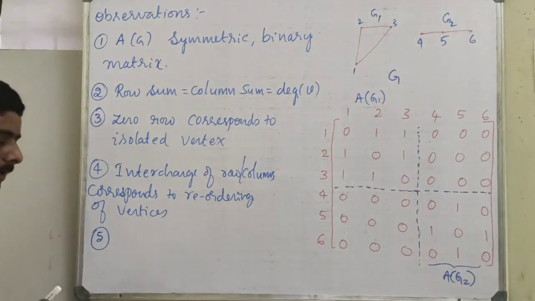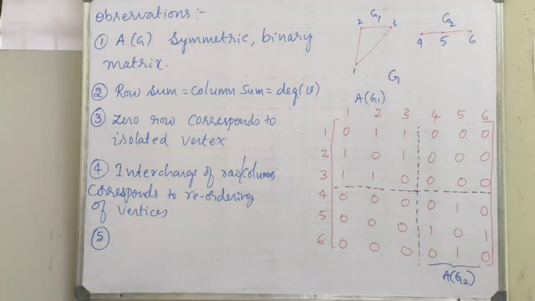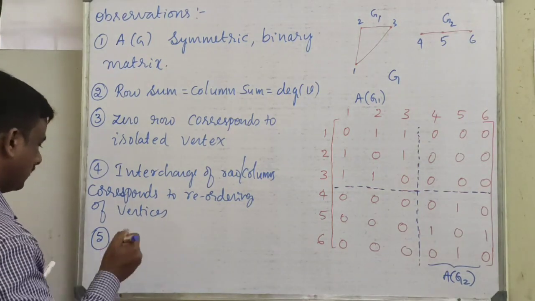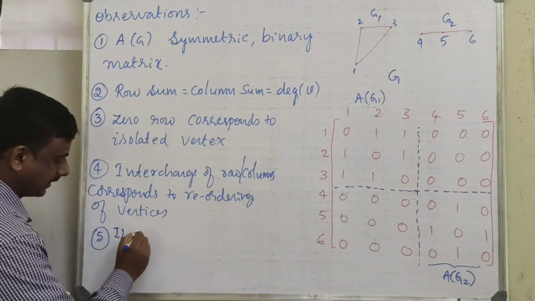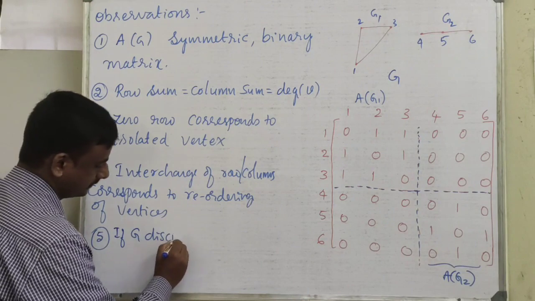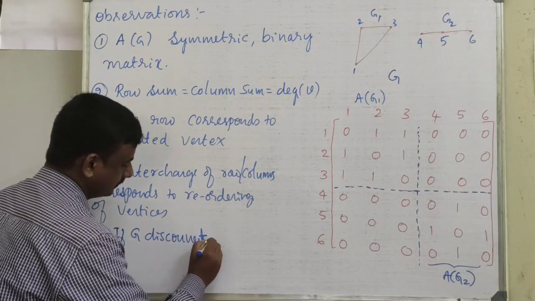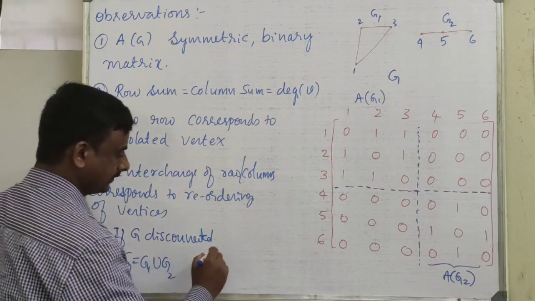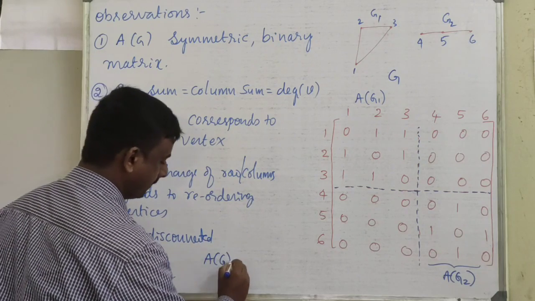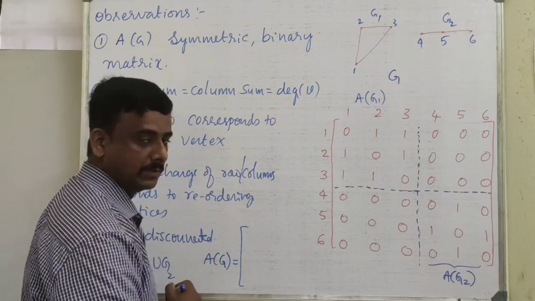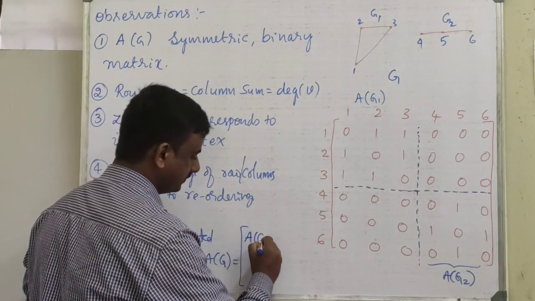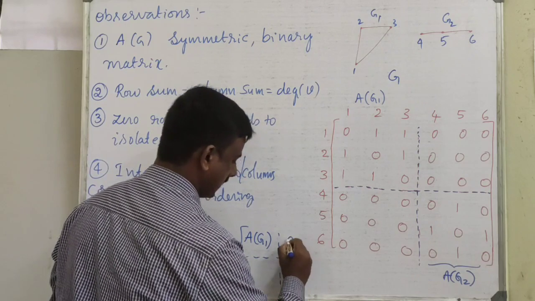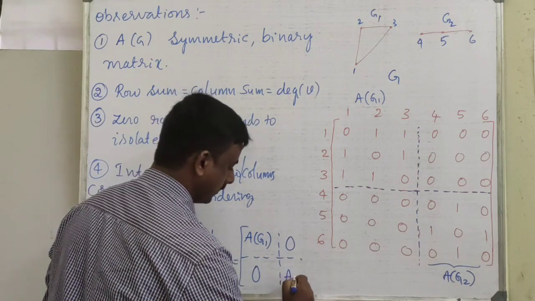If you take any disconnected graph G with 2 components G1 and G2, say G equal to G1 union G2, then A of G will be A of G1, a zero matrix, here also a zero matrix, and A of G2.